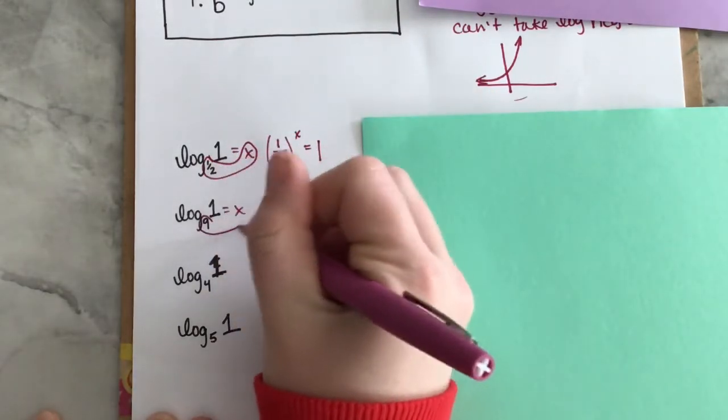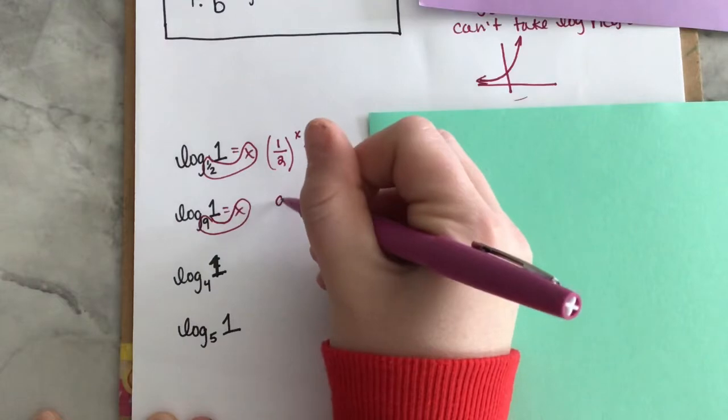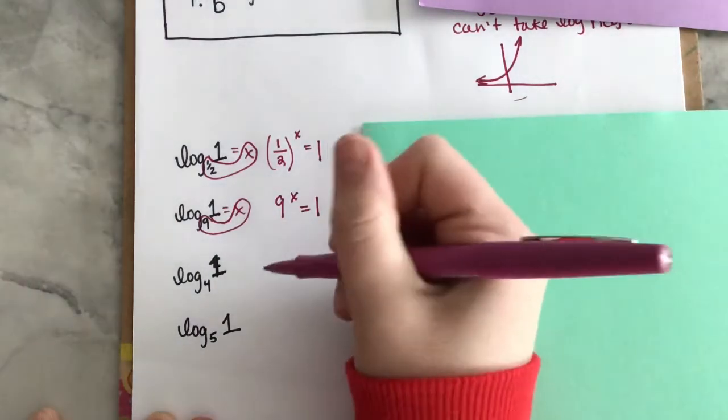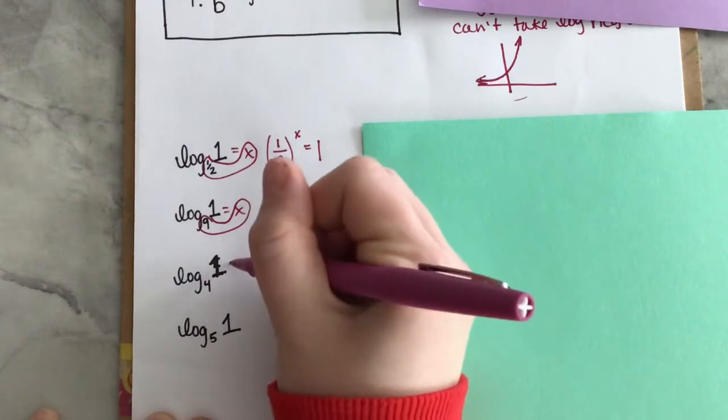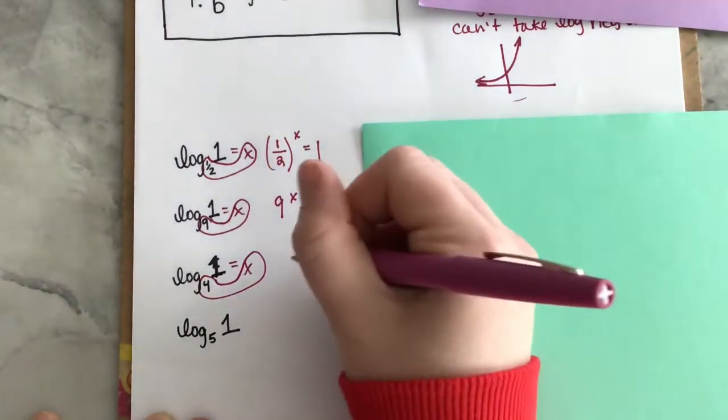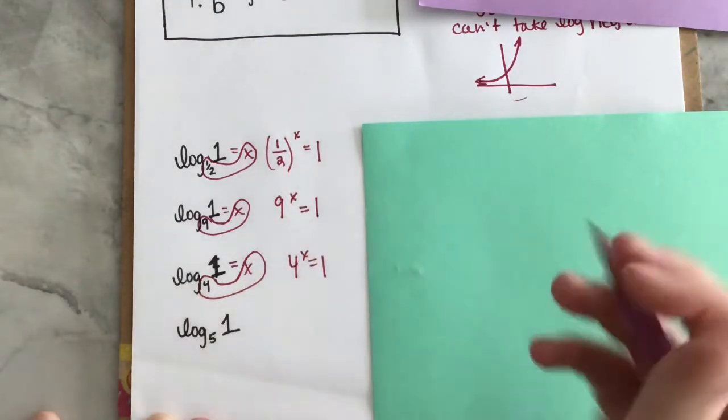Here, 9 to the x equals 1. And, well, 4 to the x equals 1.